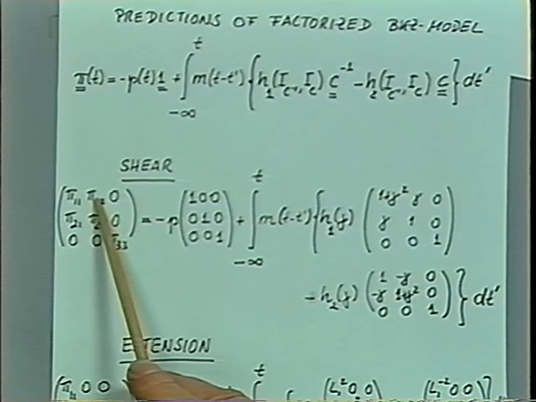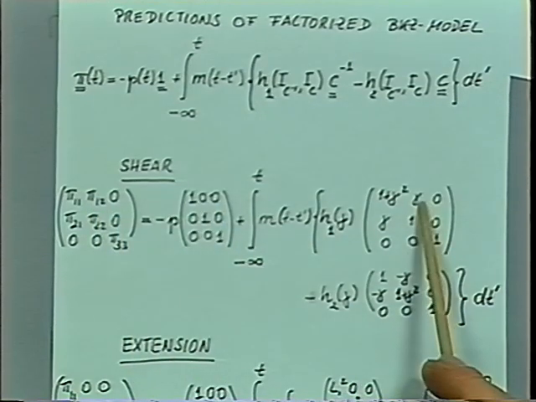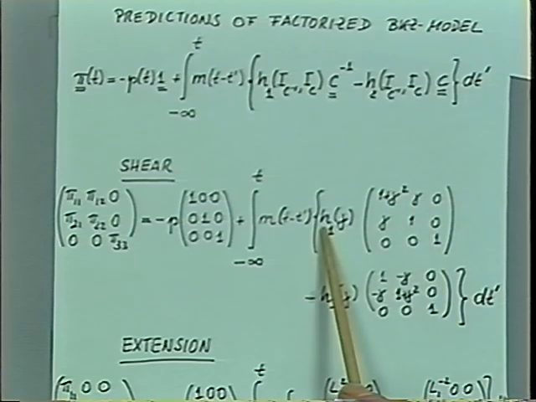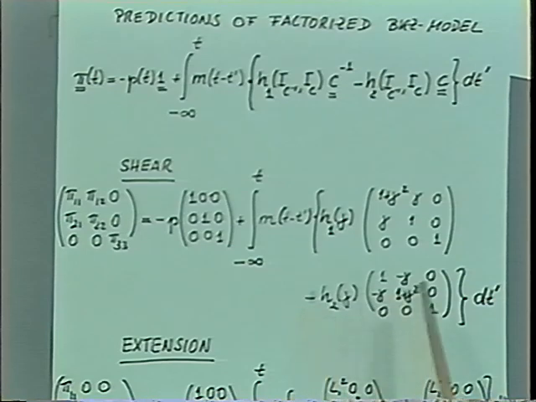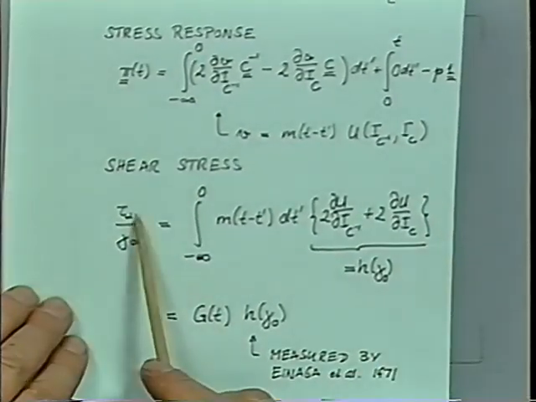We're talking about the shear stress, which has no component here, but for the Finger strain tensor, it just has gamma times H1 times the first part, and then minus gamma times H2. So gamma comes in the sum of H1 and H2. And that's what we are seeing here for the shear stress.